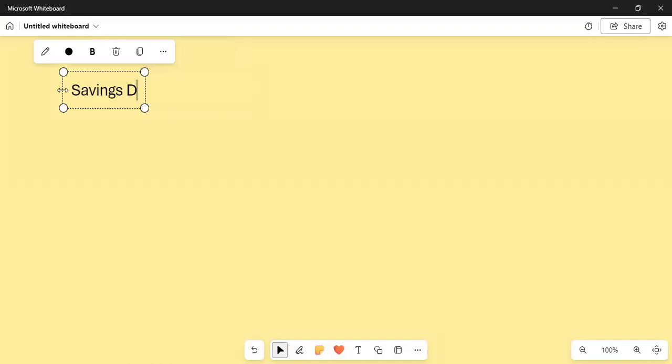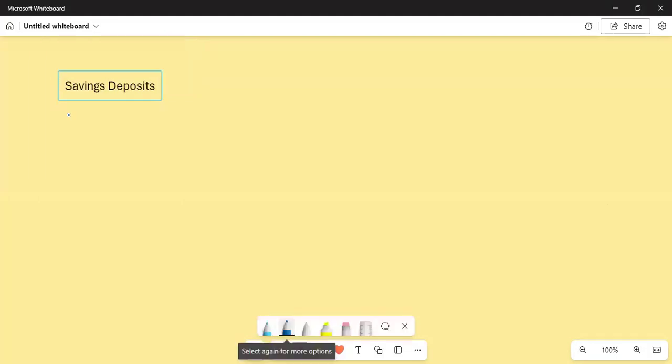Savings deposits. For example, now that I am doing classes, both history and commerce classes, we'll say that I am doing a physical class.